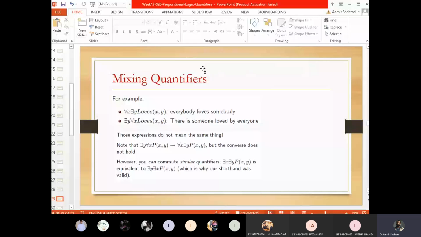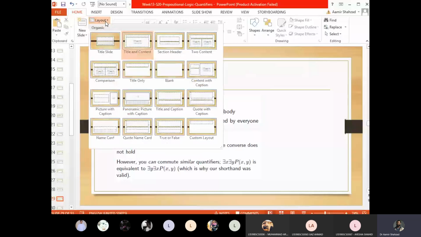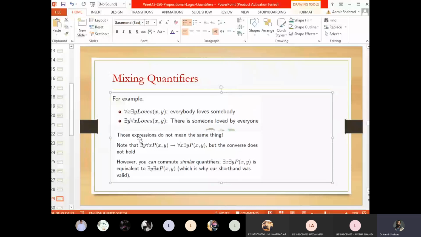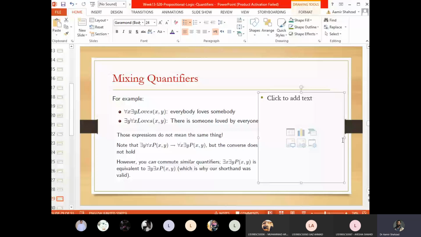We can maybe form another example which may help to see how things are totally changed if we do not respect the order of quantifiers. For example, we say nationality: X is national of Y. So nationality की बात है.